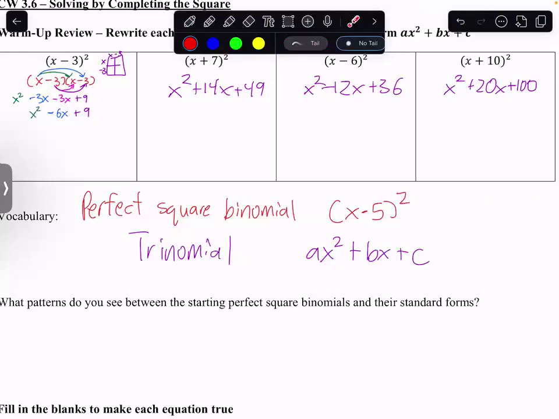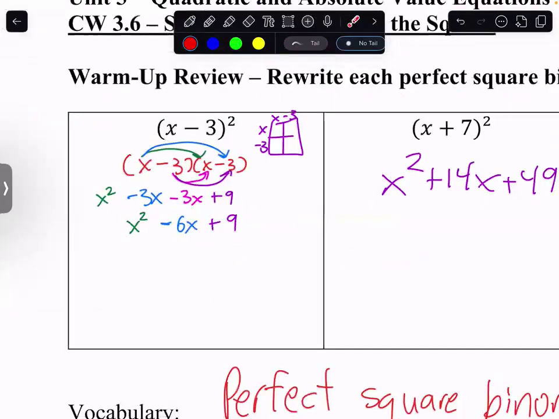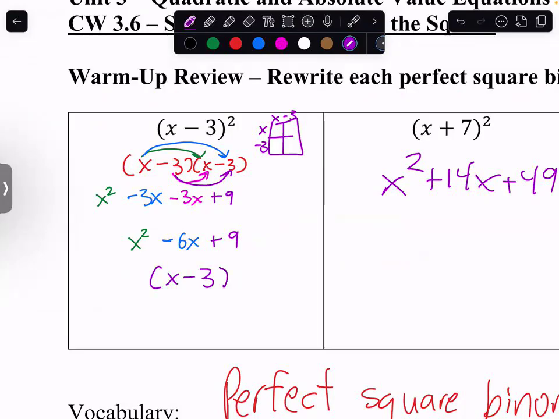Okay, so in order to help see that pattern, because once you have all your work, it's a little bit harder to find the answer. Okay, so for each box, I'd like you to please, underneath your answer, rewrite the perfect square binomial. Okay, so just take the original problem and write it below.